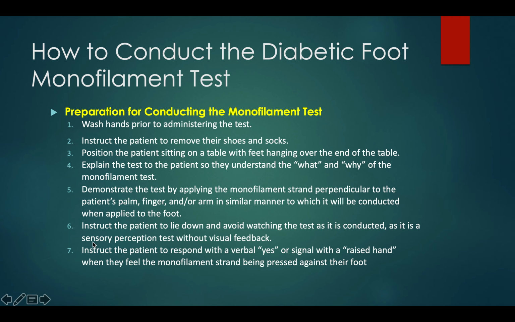So again, they cannot be looking at the test. And then as you apply the monofilament strand to these various points that we've identified, you'll instruct the patient to respond with a verbal yes, or it could be having them raise their hand, when they feel the monofilament being pressed against their foot.